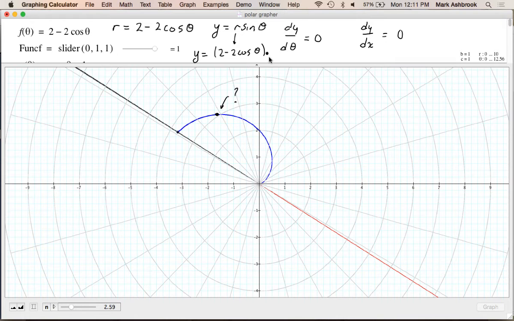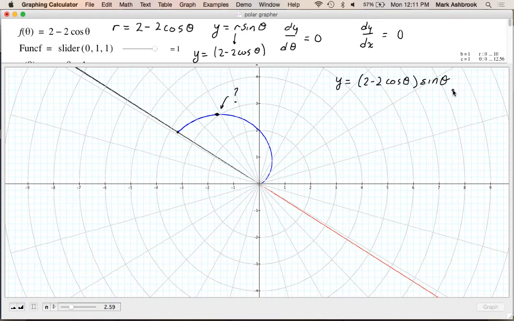So we got y equals r, which is 2 minus 2 cosine theta, times sine theta. So that's the relationship of y and theta for this curve.